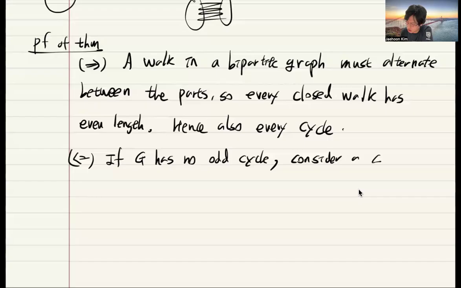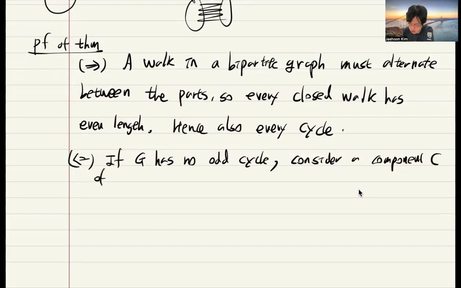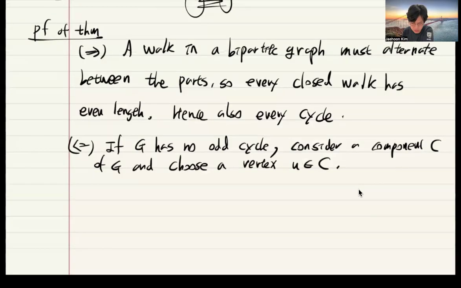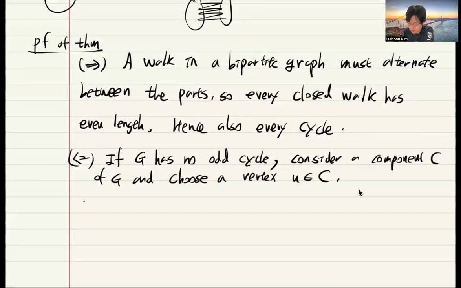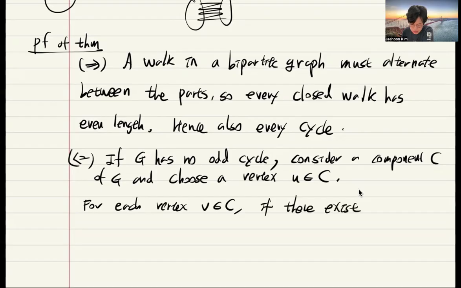So consider a connected component C of G, and we choose a vertex u in C in an arbitrary way. And for each vertex v in C, we take a walk between them.